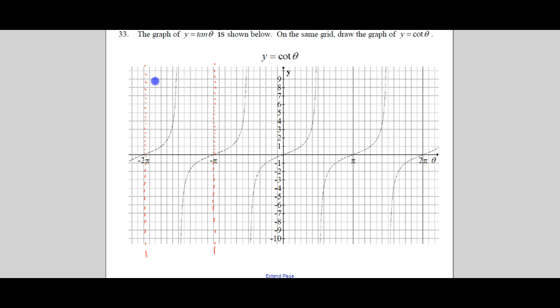What's the next thing we look for? Ones and minus ones, because those are the invariant points. I'm still drawing an asymptote. Okay, so 1, 1, 1, 1, negative 1, negative 1.